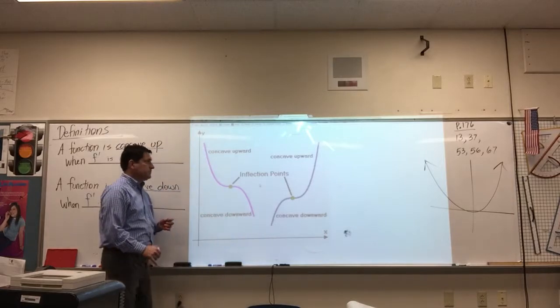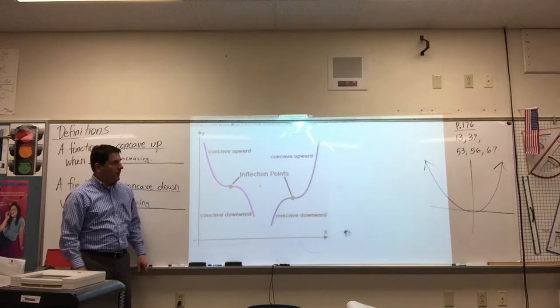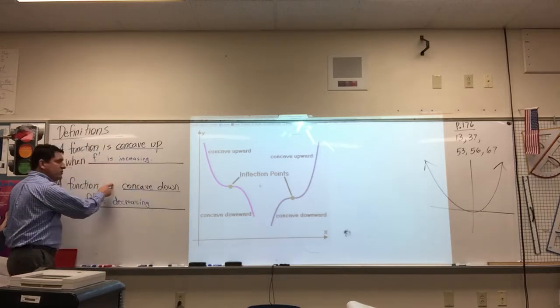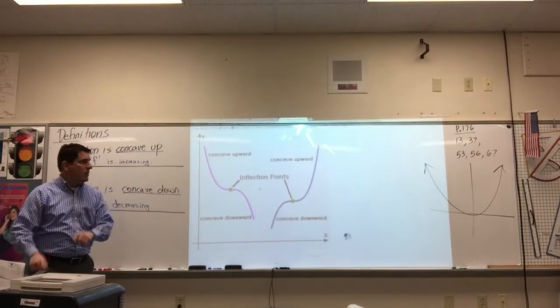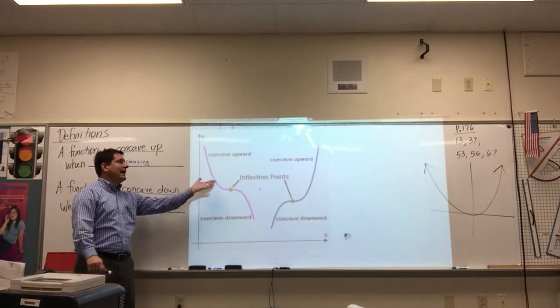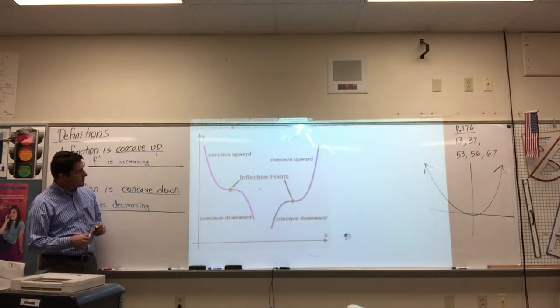And that's it. That's it. And we're going to actually prove why that is. These are the definitions. When we go to the next phase, we're going to define how you determine that by looking at the function.